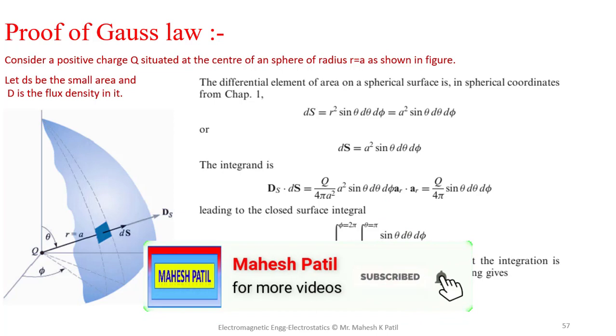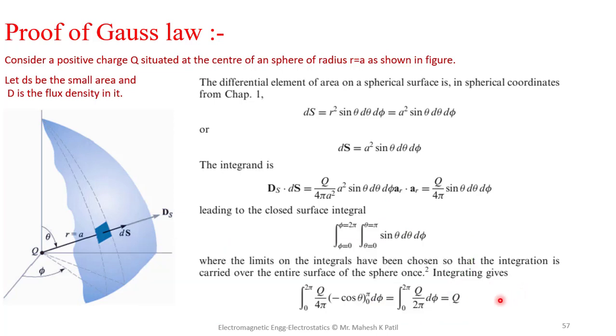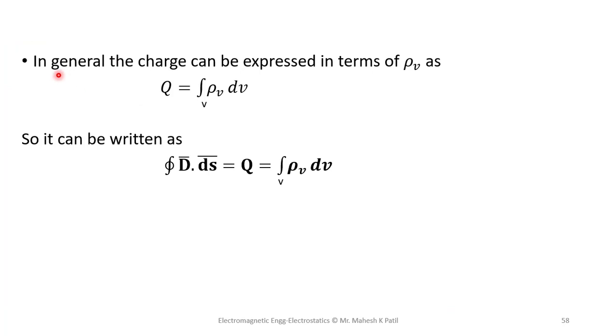It says that the closed integration of D bar dot ds bar is equal to the total charge present inside that closed body, Q. In general, the charge can be expressed in terms of volume charge density because it is a closed surface or closed body.